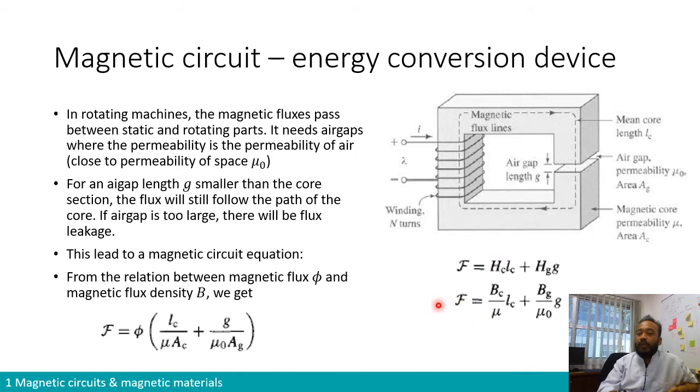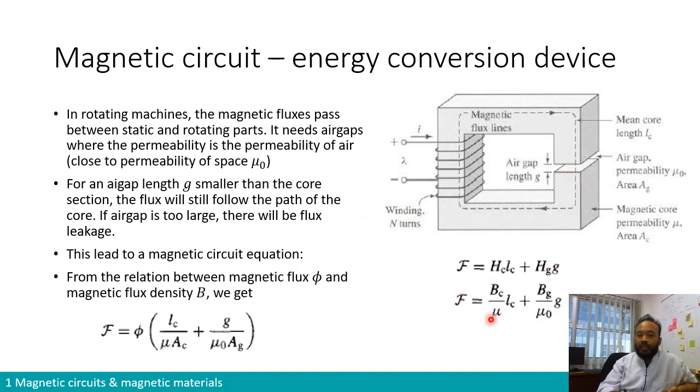So we can rewrite our equation as MMF equals Bc, the magnetic field inside the core, divided by mu, the permeability of the core, multiplied by Lc, the length of the core, plus Bg over mu0 multiplied by g. So Bg is the flux density inside the air gap, divided by mu0, the permeability of air, of space, multiplied by the length of the air gap, right?